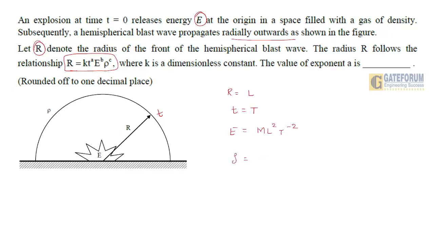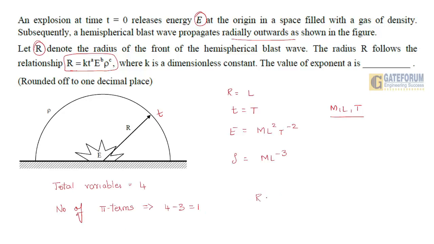Rho density in kg per meter cube will be M L power minus 3. Basic fundamental units are M, L and T, right? This is a dimension analysis question. So total variables, how many did you get? Total variables are 4. Number of pi terms is 4 minus 3, which is equal to 1.